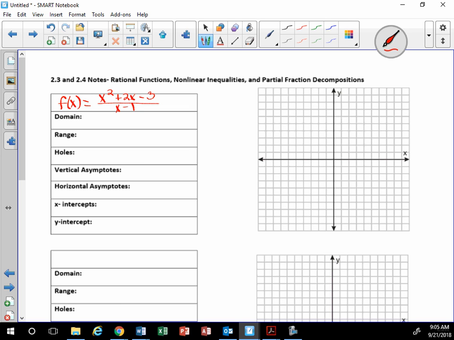So I'll help you out here. Your hole is at 1, 4. So vertical asymptote, none. Technically, you have a slant asymptote at y equals x plus 3.